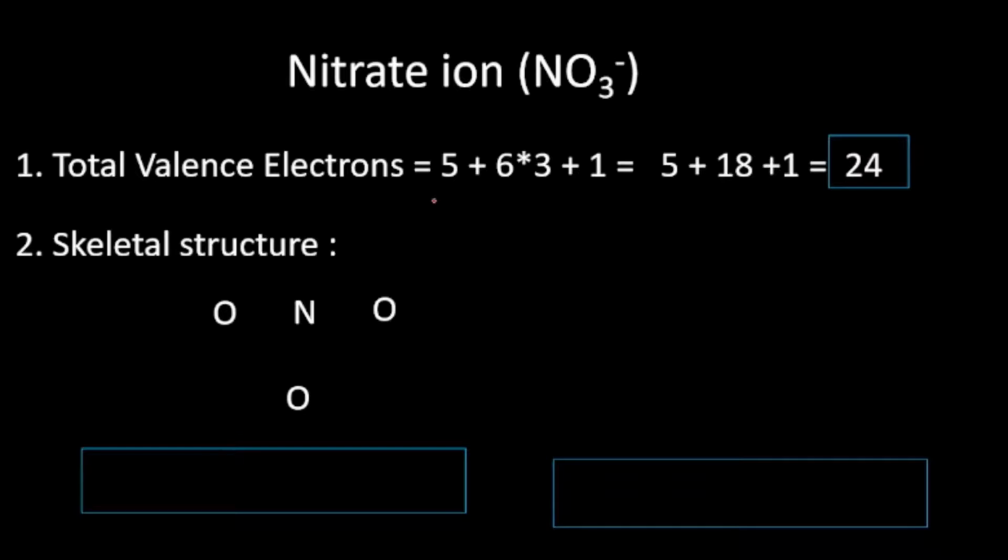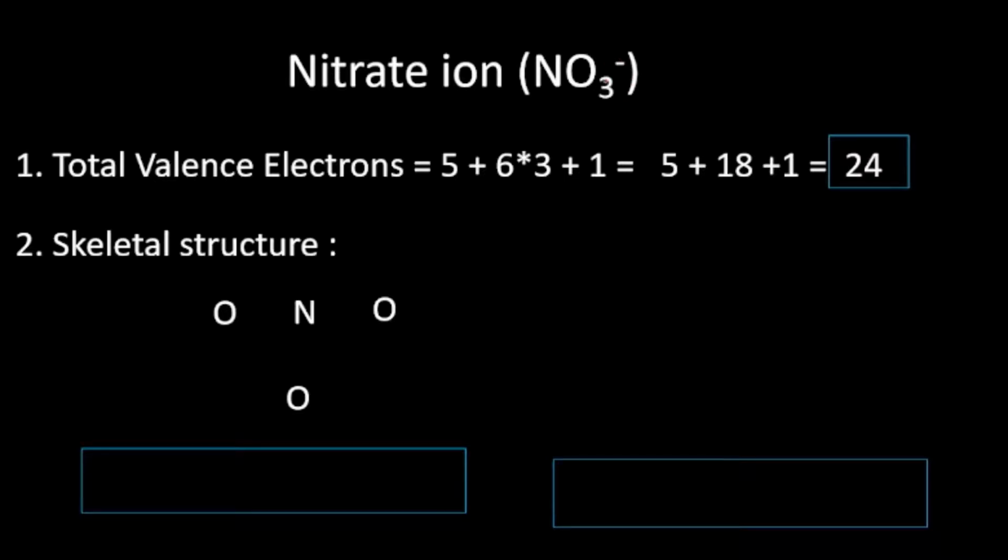Now we are going to see the Lewis structure for a negative polyatomic ion, that is nitrate ion. Here also the first step is to count the total number of valence electrons. For that we have 5 electrons from nitrogen, 6 into 3 from 3 oxygen atoms.